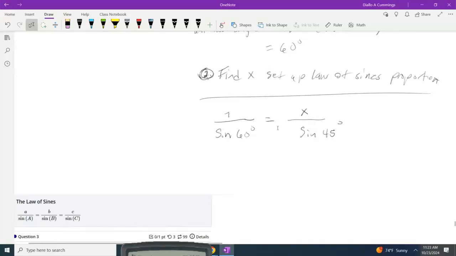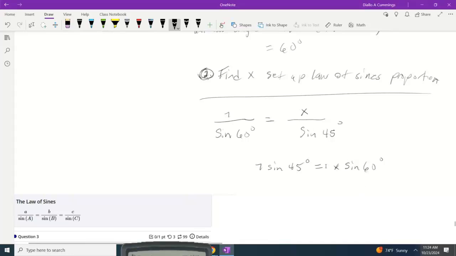So I'm going to cross multiply. 7 times the sine of 45 degrees, I'm going to set that equal to x times the sine of 60 degrees. And now I want to solve for x.